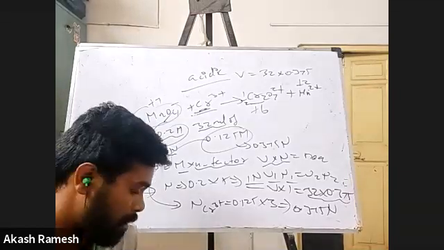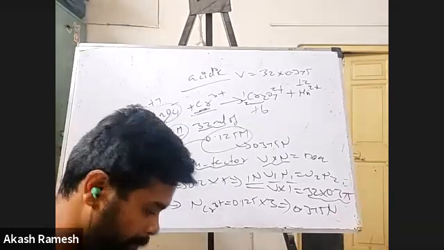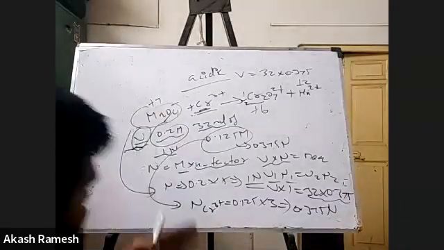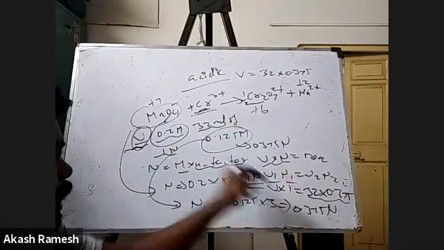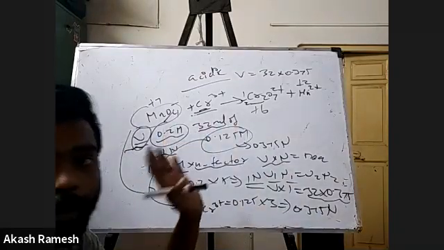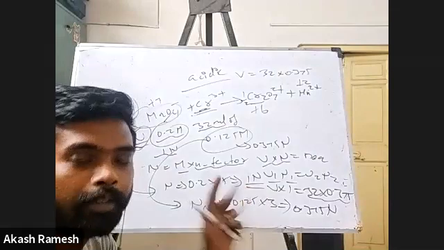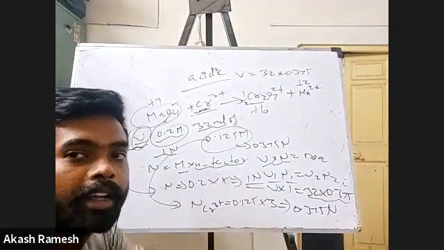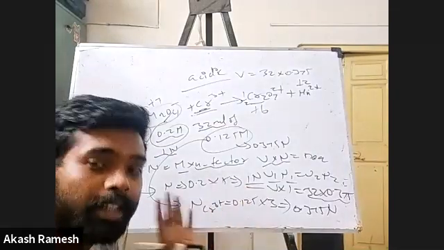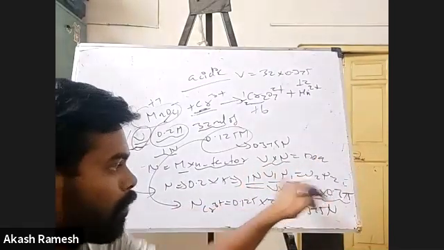I hope everybody understood. The first step I did is I converted molarity into normality, using normality equals molarity into n factor. Then the only thing I used is V1N1 equal to V2N2.